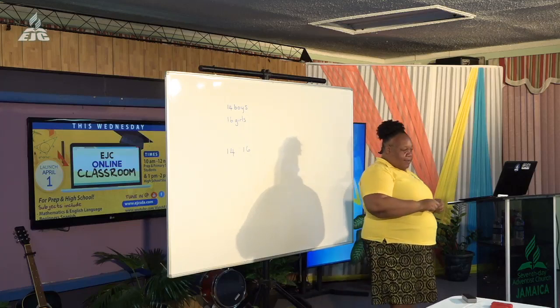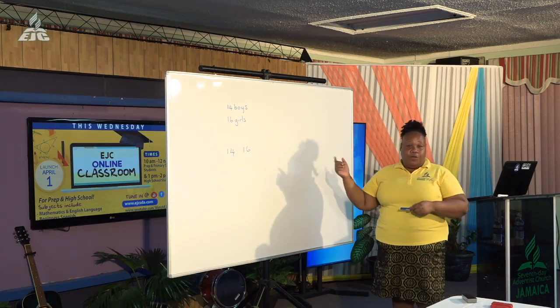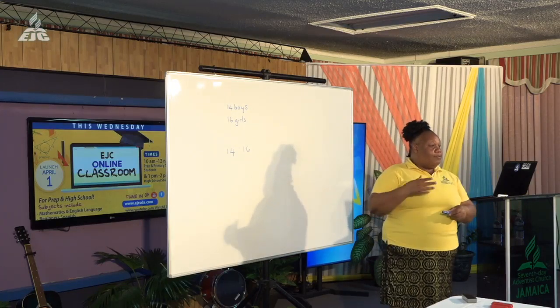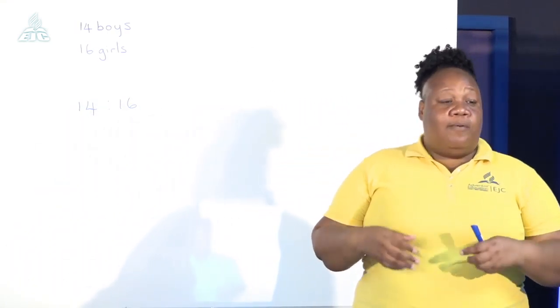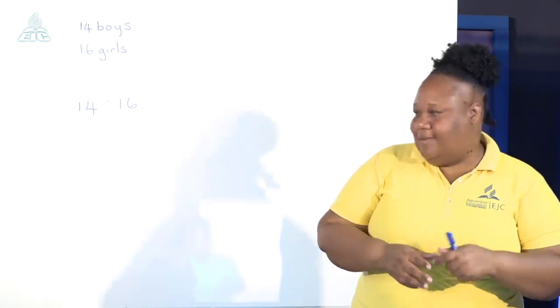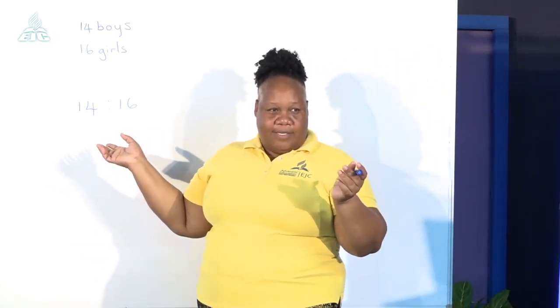What are the common factors for 14 and 16? Common factors, when we say factors, a number that can go into both numbers without leaving a remainder. So timetable is very important. And not just knowing the timetable, I want you now to apply the timetable. So our highest common factor, do you agree with me, it's 2?